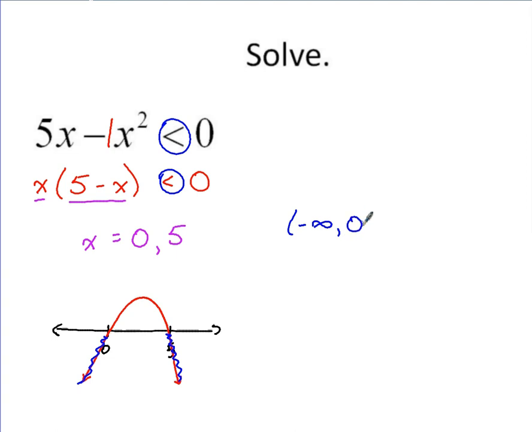Do we include 0? We don't. If this was less than or equal to, then we would. It's just less than. Form a union. We're not going to include the 5 for this portion, and 5 goes up to infinity. So those two intervals make up our answer for what x could be.